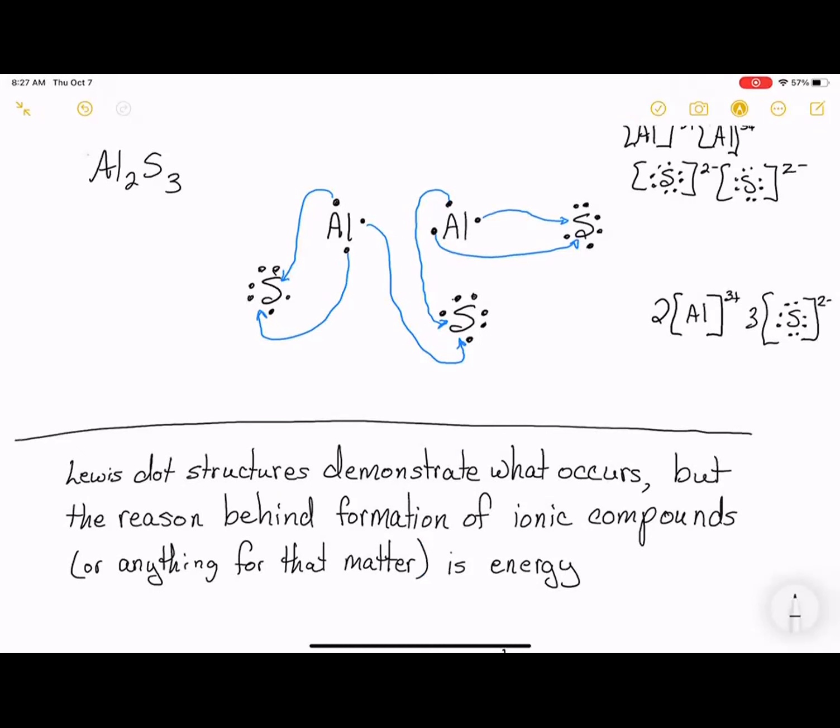The reason anything occurs, the reason any molecule happens, is because of energy. Most of the time it's in the form of heat energy, which we call enthalpy, but sometimes it's in the form of entropy, which is the energy associated with disorder, chaos.